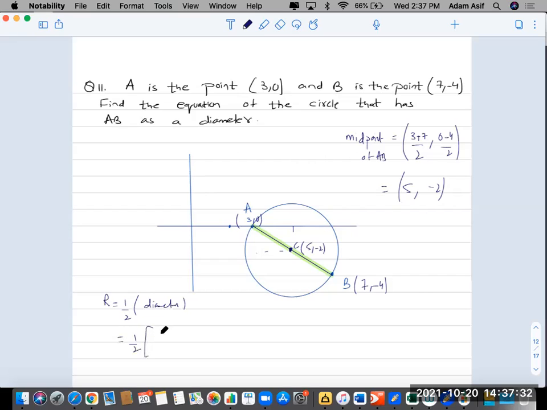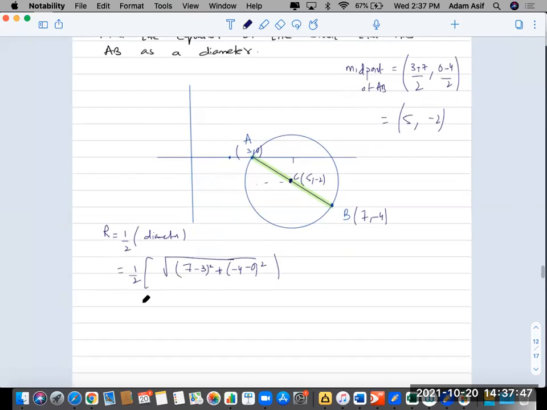And to find the diameter, you can apply the distance formula: (x2 minus x1) the whole thing square plus (y2 minus y1) the whole thing square. 7 minus 3 is 4, square 16, plus 16.